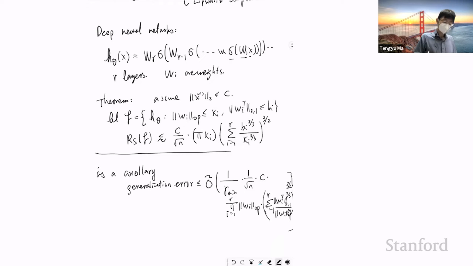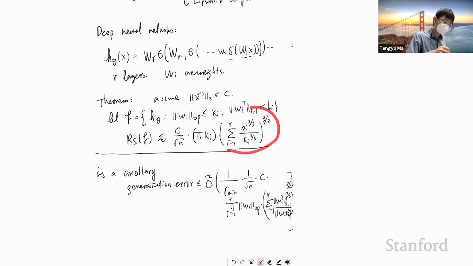Anyway, the important thing here is that the complexity measure depends on a few things. One is the operator norm of the weight matrices, and it depends on them as a product. So the product of the operator norms of all the weights shows up in the complexity.